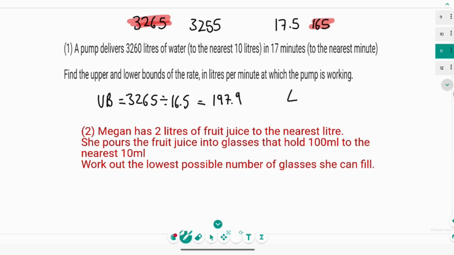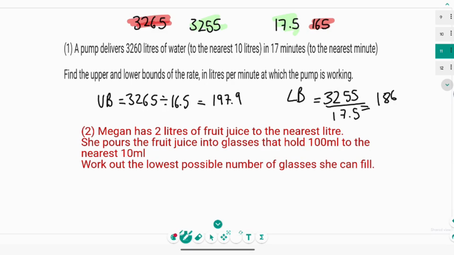And the lower bound we get from doing the smallest of the numerator, divided by the biggest for the denominator. 186.